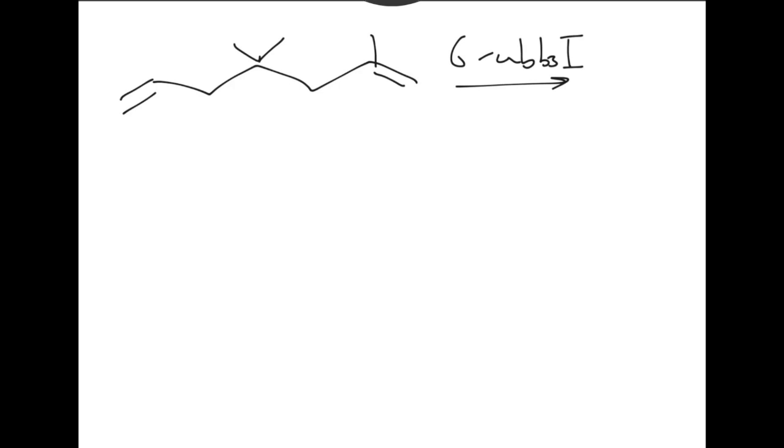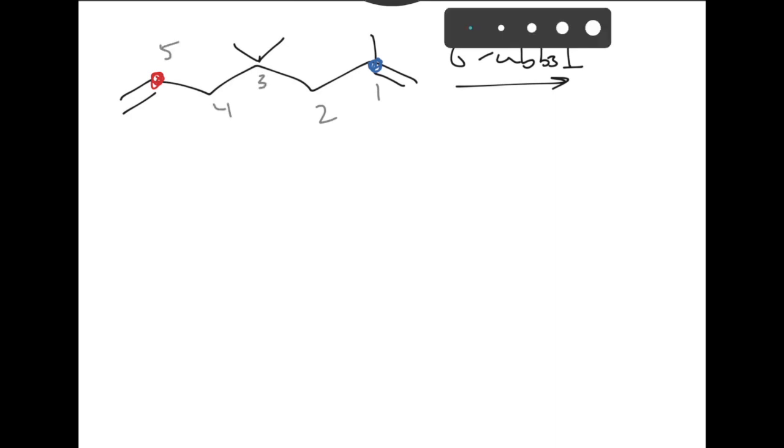So generally when we do a metathesis like that, we make a ring. And how big of a ring? We're going to count from the inside carbon of one double bond to the inside carbon of the other double bond. So we're going to have 1, 2, 3, 4, 5. So we're going to make a 5-membered ring.